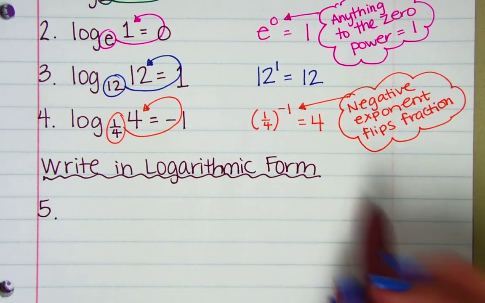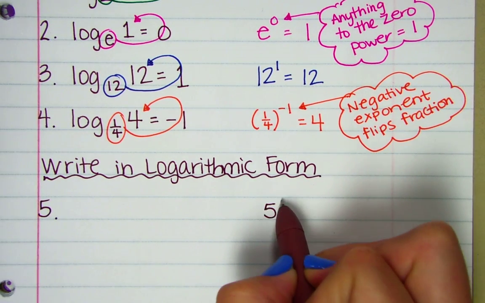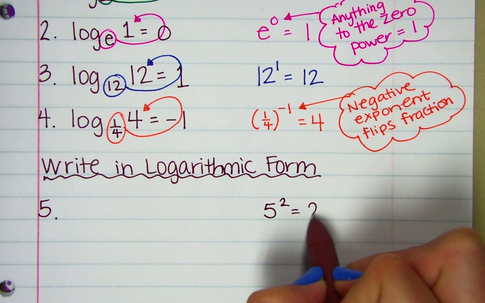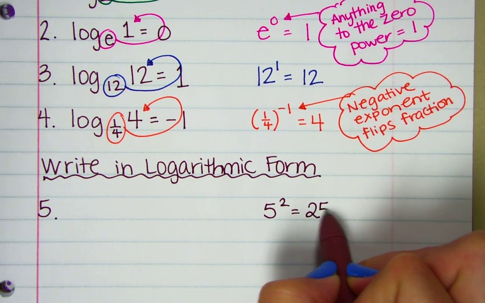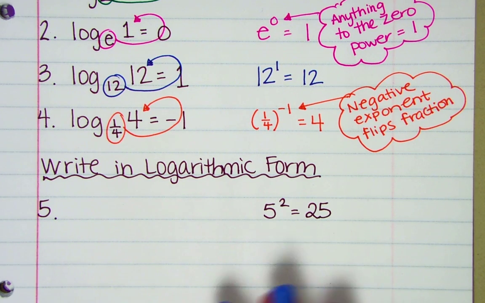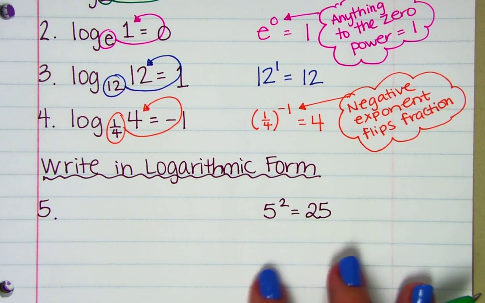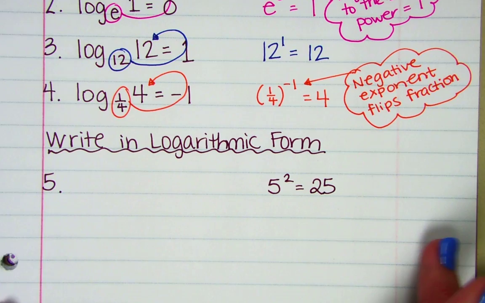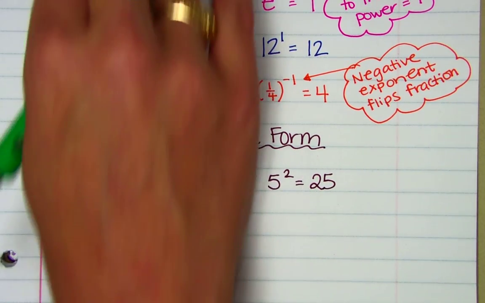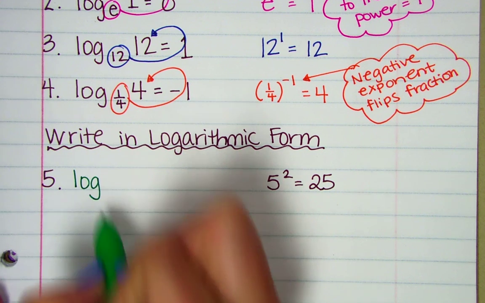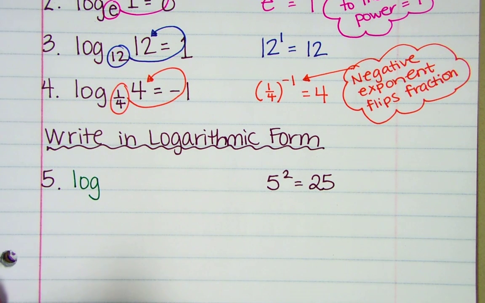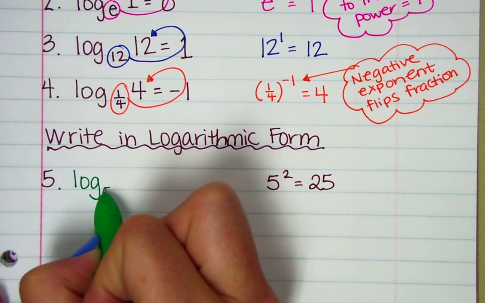Number 5. First one, 5 squared equals, what's 5 squared? 25. All right, 5 squared equals 25. Now on all these, we got to write the word log. That's obviously going to be the first thing in logarithmic form. All right, and what's my base? 5, right? That goes in the basement.